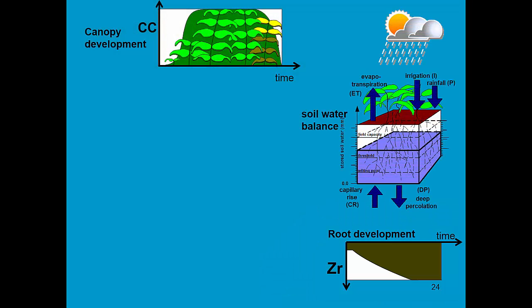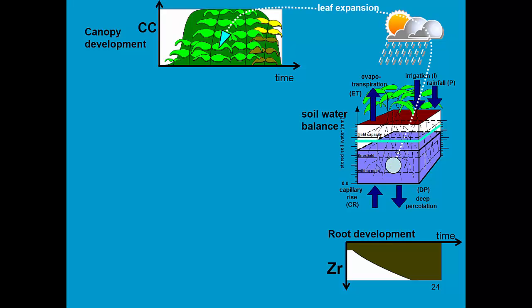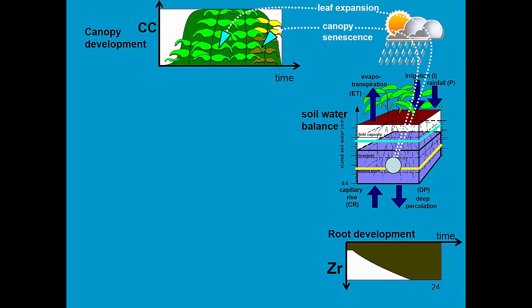At runtime, AquaCrop will detect water stresses by simulating for each day the soil water balance. If the water content in the root zone drops below the green line, leaf expansion will slow down. If it drops below the yellow line, canopy senescence will kick in.